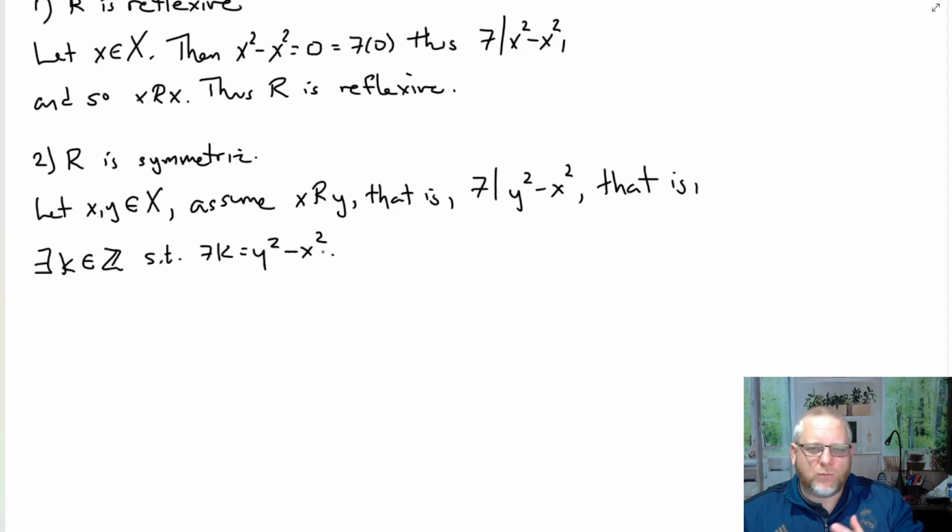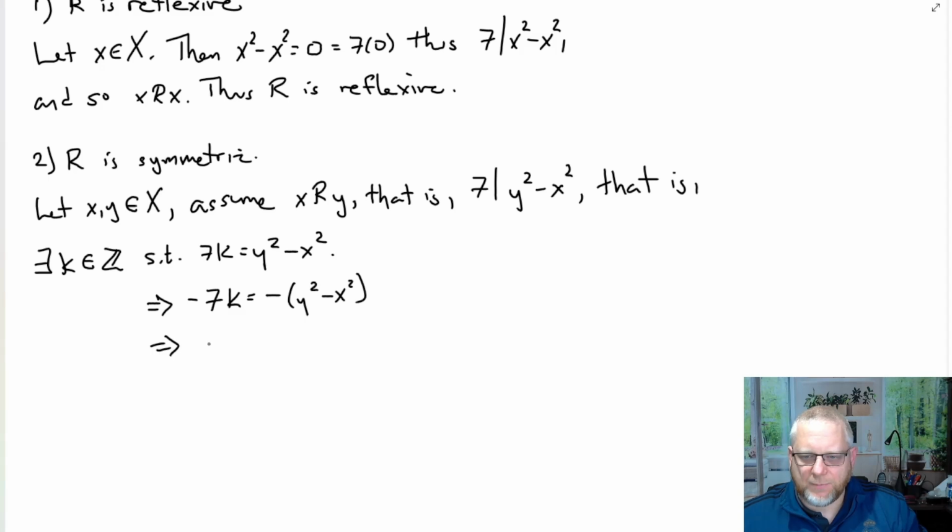But wait a minute. If 7k is y squared minus x squared, how do I switch y squared minus x squared to x squared minus y squared? I just negate it. If all I have to do is negate the right-hand side to switch the order, so let's multiply both sides by -1.